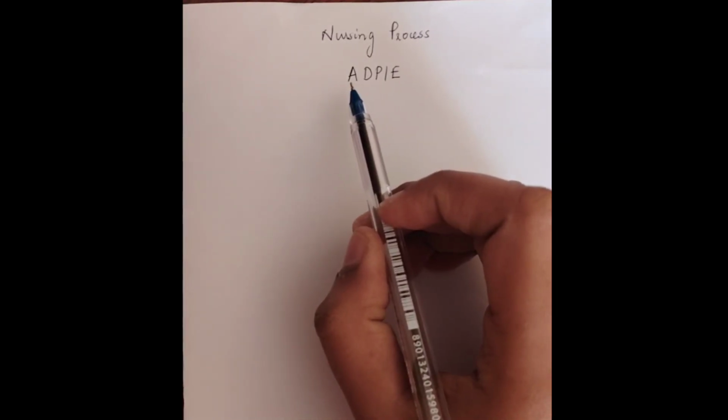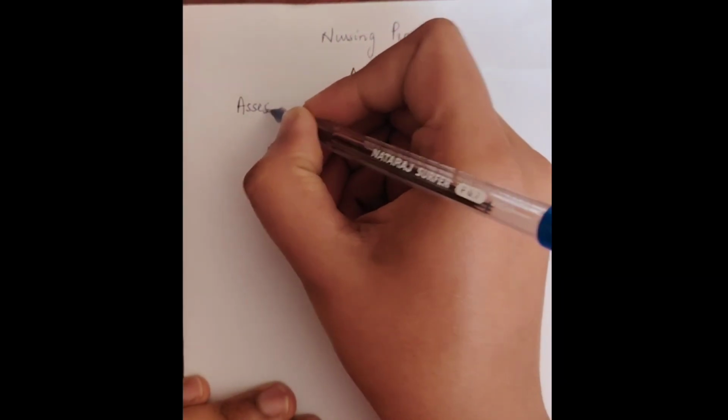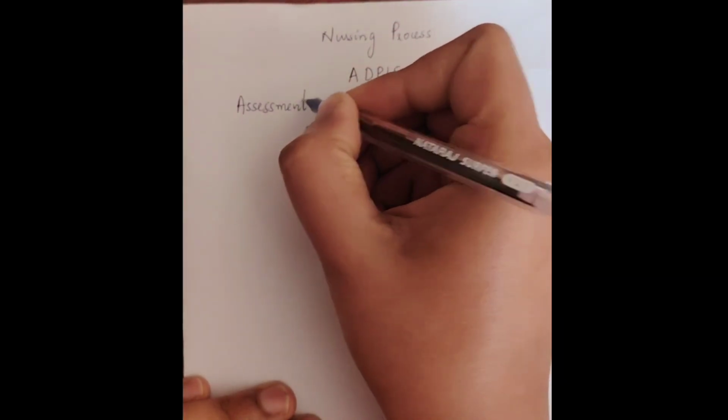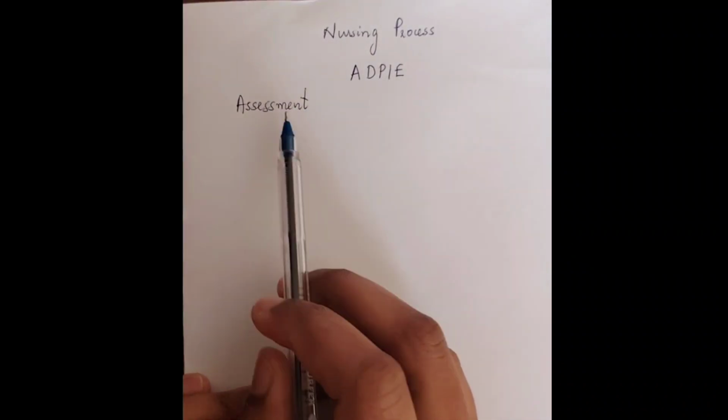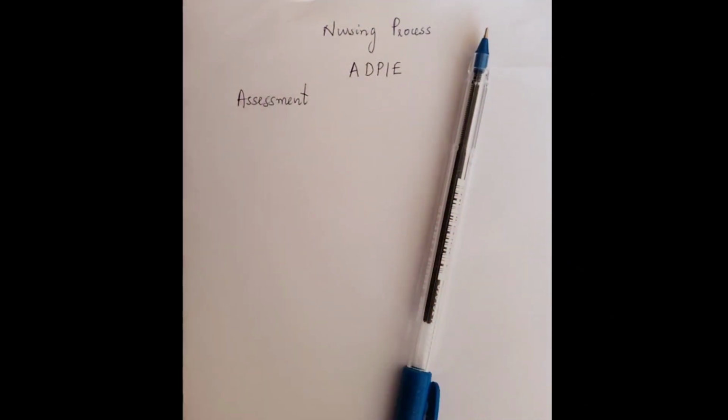Okay, so let's move on to the first step, which is the assessment. Okay, so assessment is where you will assess your patient, and this is the first and the most important step.